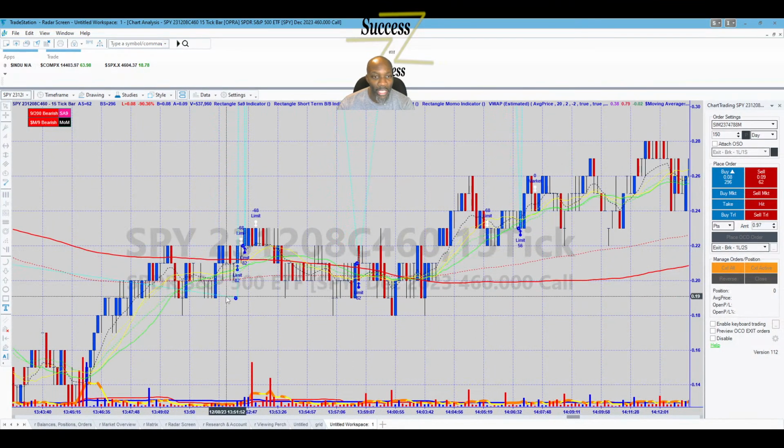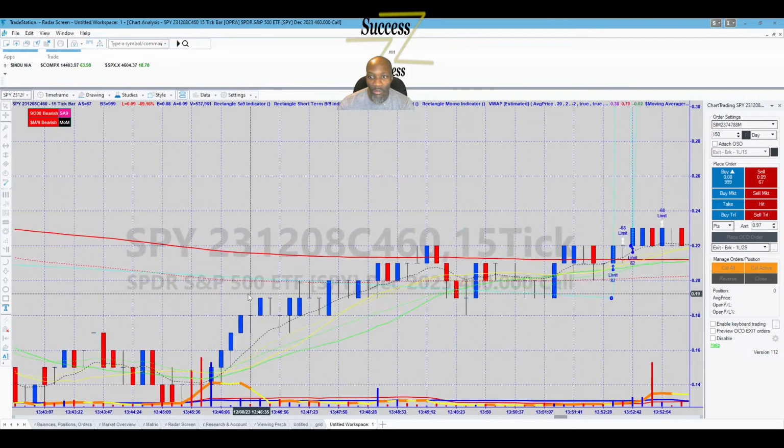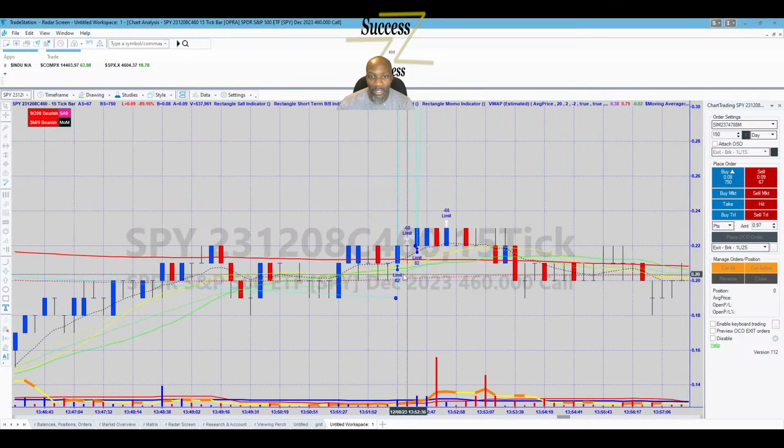So this is what happened. I get into a position, say here. I don't even know where it entered. This dot right here looks like an exit. I get into a position on this bar, and it put me in at 21 cents, something like that.